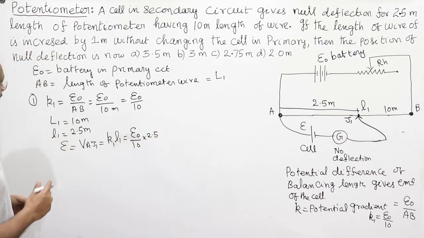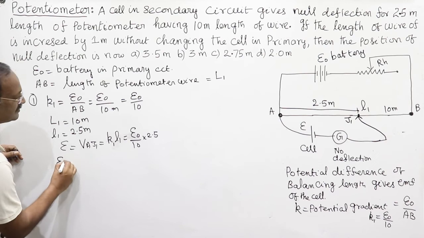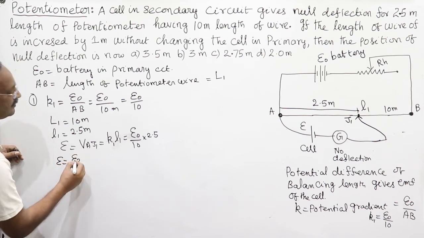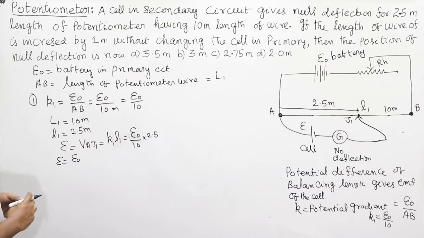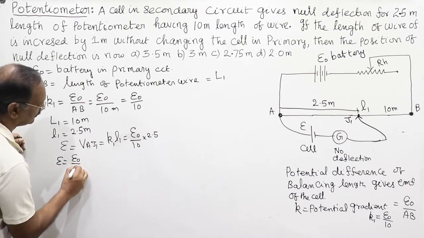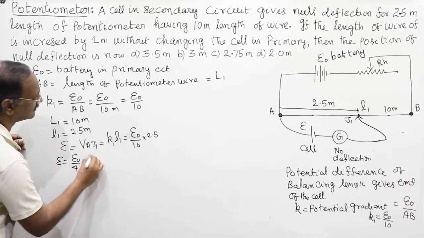So the EMF of the cell is equal to epsilon naught divided by 10 into 2.5, which is epsilon naught by 4. We can write this as equation 1.